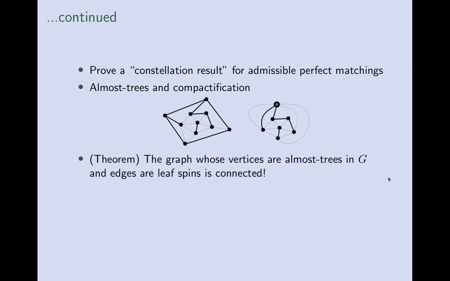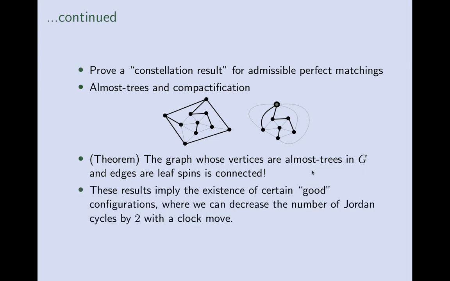What this quite tricky result gives us is the existence of a really good configuration that we can choose at will, on which we can prove that we can apply the clock move of type 3 that I mentioned at the beginning of the idea of the proof.